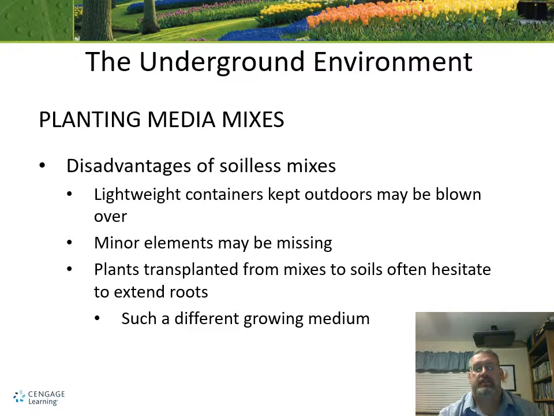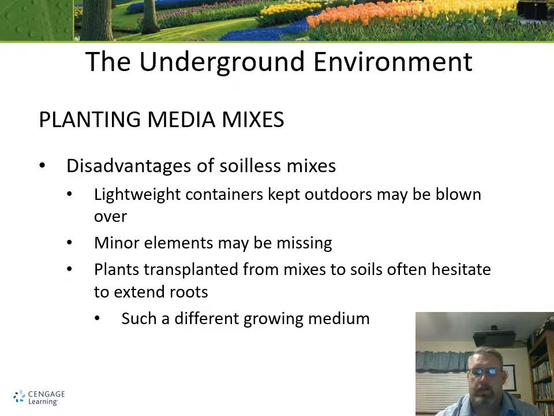So then the disadvantage of these is they typically can be lacking certain nutrients, and then you have to supplement those back in. And when you are transplanting these plants out into the environment, sometimes plants have a tendency not to want to leave this really easy growing medium because it's really soft and they can push roots through really easy.